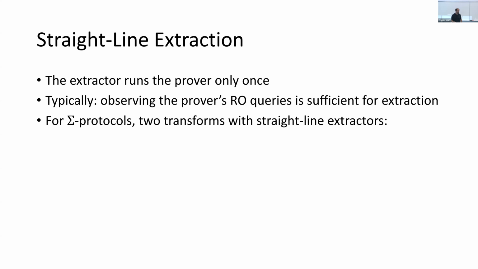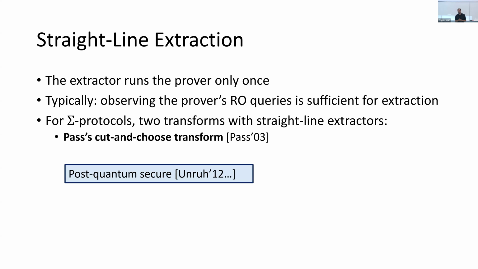And for sigma protocols, so 3-round protocols, it turns out that we do have transforms from interactive arguments of knowledge to non-interactive ones that admit such a straight line extractor. So the first was due to Pass, and it's based on a cut-and-choose based approach. And it was later on shown to be even secure in the quantum random oracle model by Unruh.